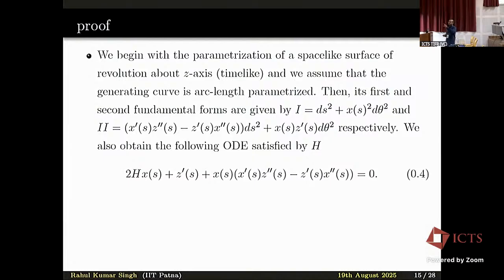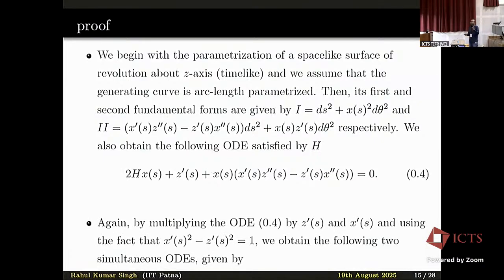When you compute it, since H is assumed to be constant here, you will get a second order ODE like this. Then you can multiply this equation by this and this. We are also going to use the fact that initially I said we are starting with an arc-length parametrized curve, which has unit speed.